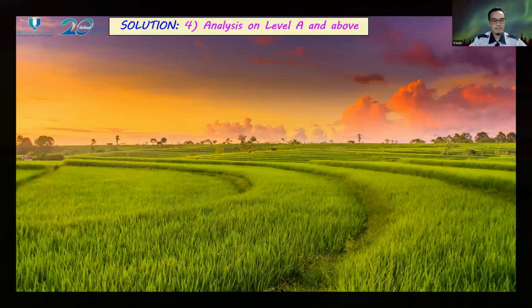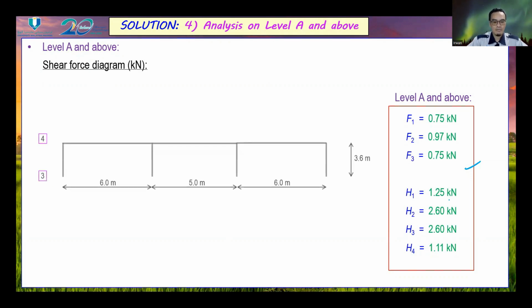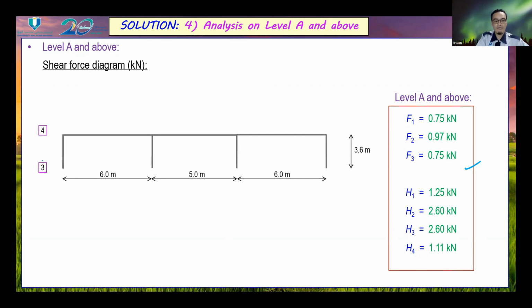Next, we can provide the shear force diagram based on the results of the previous calculations. For the frame of level 4, which is based on the joint from the point of contraflexure, this is the value of shear force, and this is the diagram.